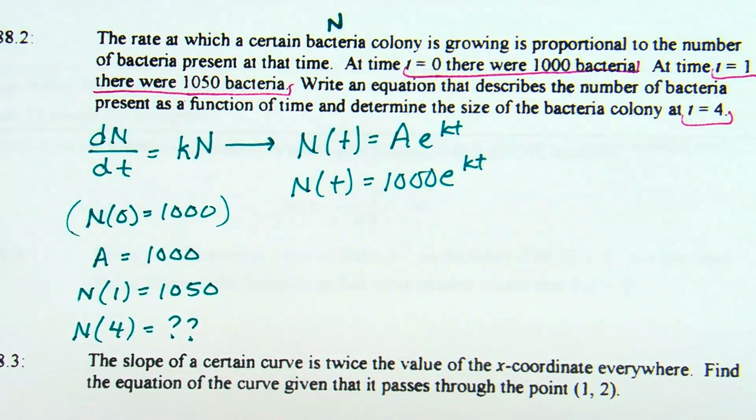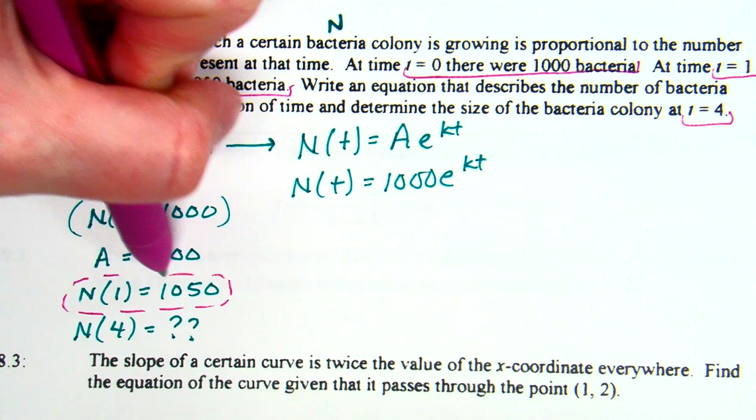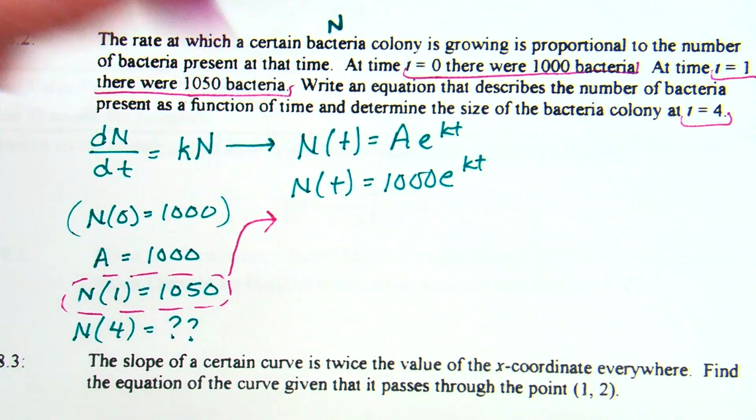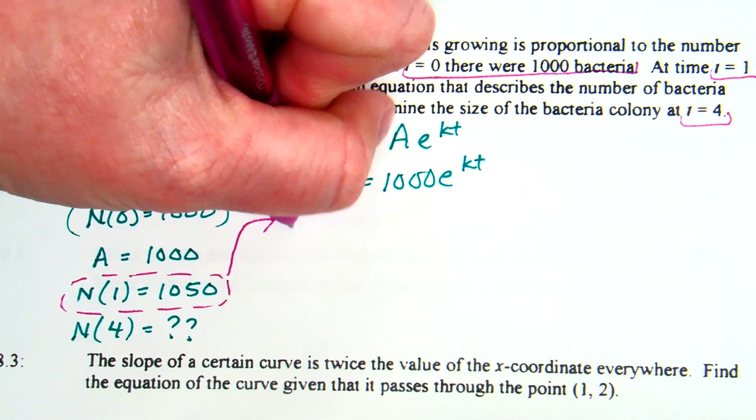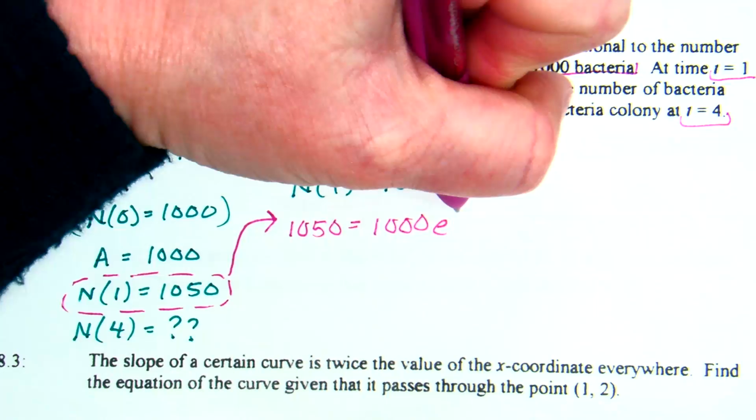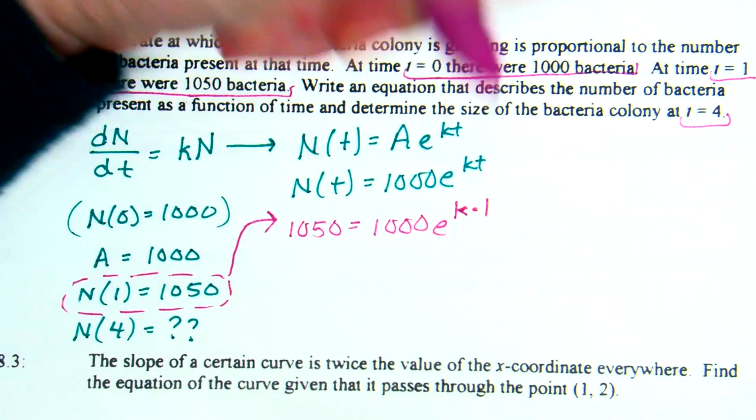Time is 1, N of 1 is 1,050. So we can fill in: 1,050 equals 1,000 e to the 1k, which is just k.